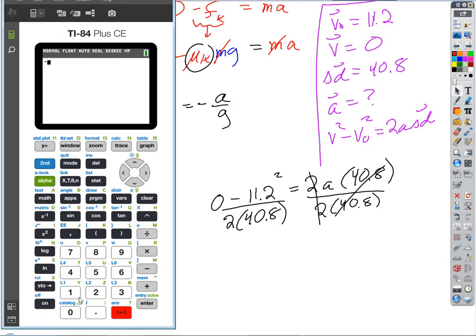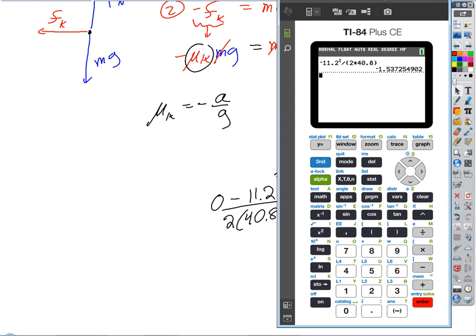Okay, so negative 11.2 squared divided by the quantity 2 times 40.8 is that number, negative 1.54-ish, right? That's a calculator number. We'll leave it in there.